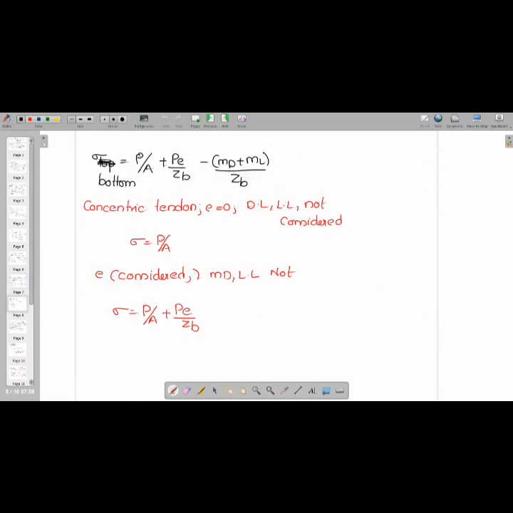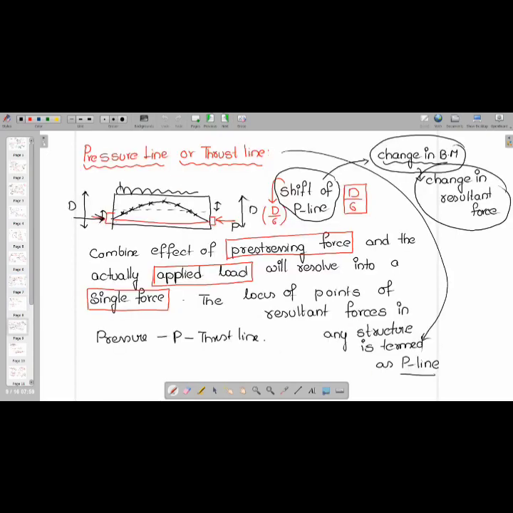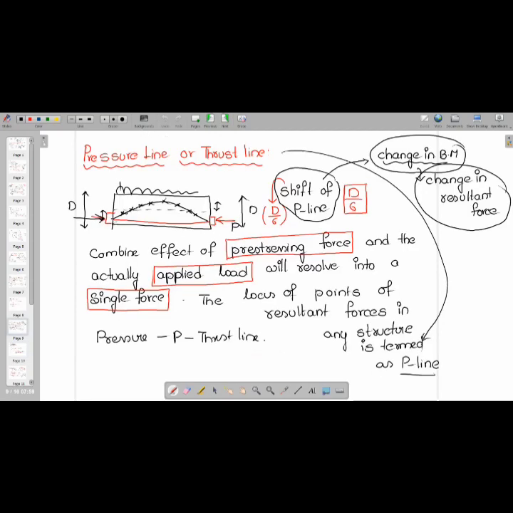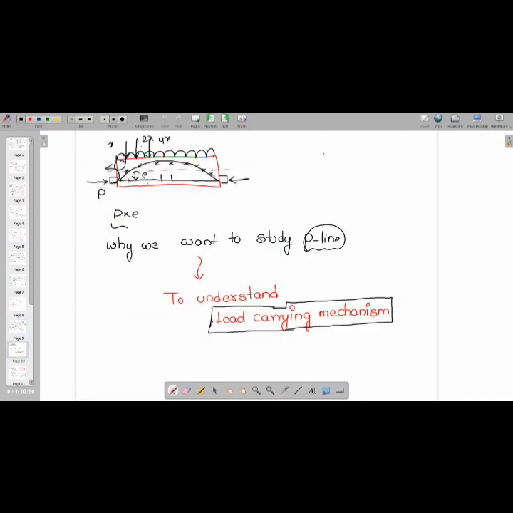And we have done one problem, and this is how the P line is a combined effect of prestressing force and the actual applied load resolved into a single force. The locus of these points is nothing but the P line, pressure line, or thrust line. Here the P line or thrust line is to understand the load carrying mechanism.